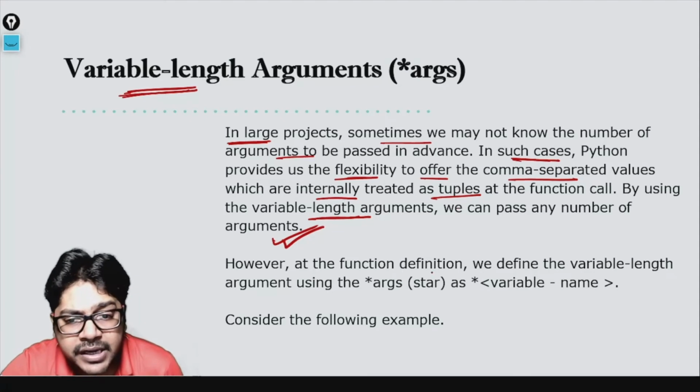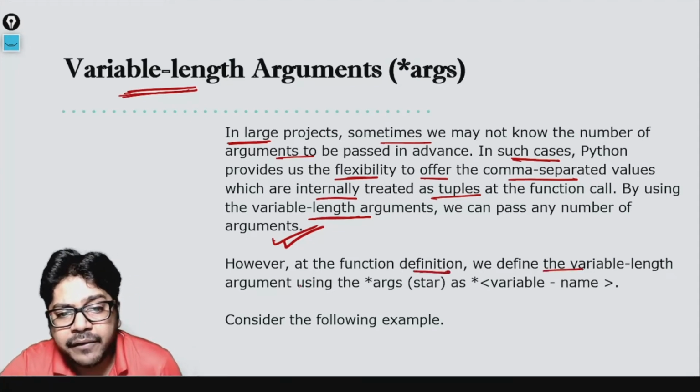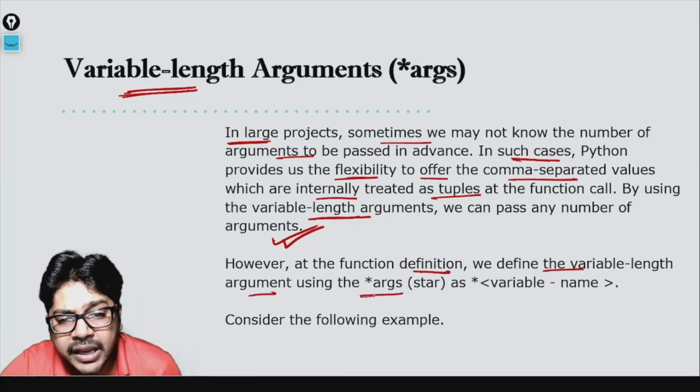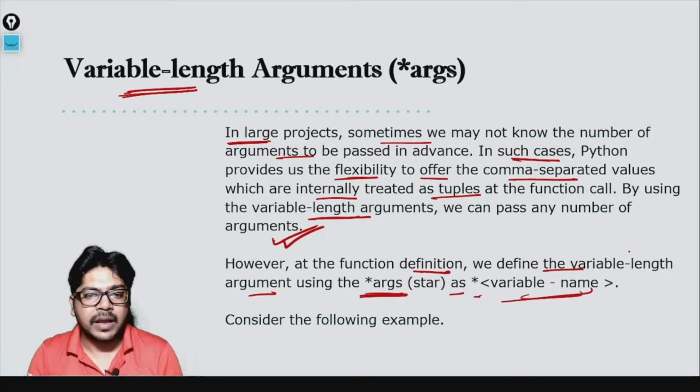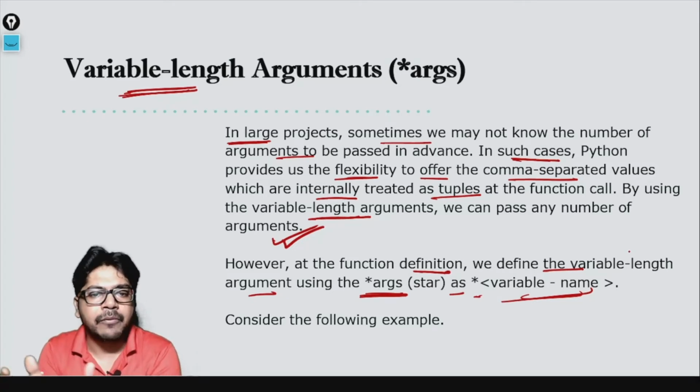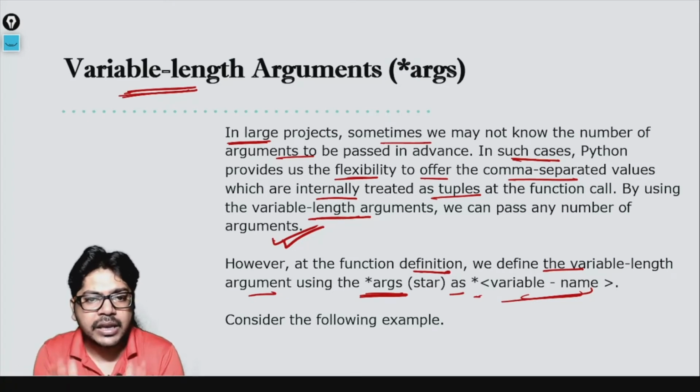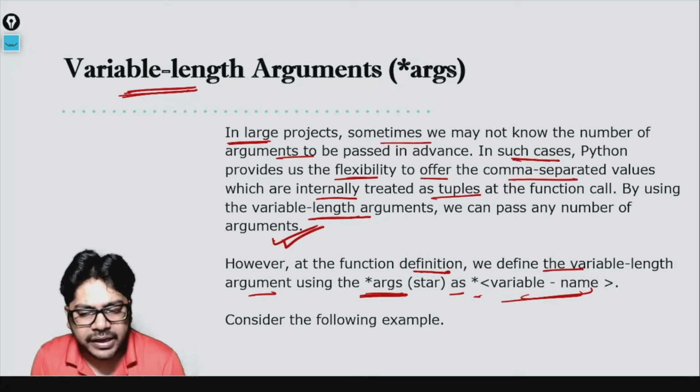At the function definition, we define the variable length argument using star args, that is, star and then the variable name. That args is nothing but argument, and it can be anything: num, name, whatever, right? Or you can simply write args also. That's a good habit that automatically suggests that you are using a variable length argument.